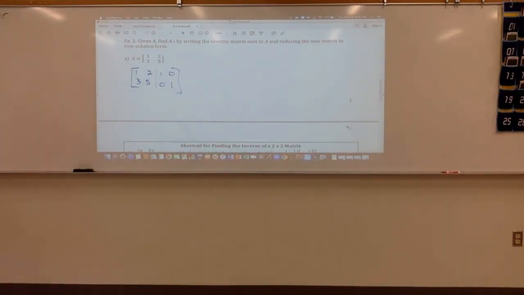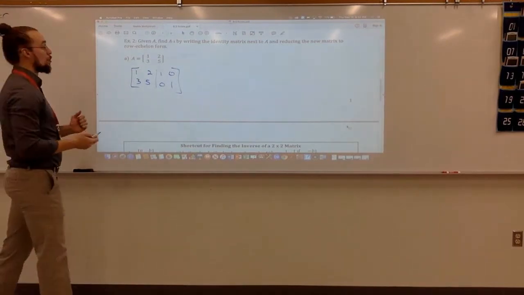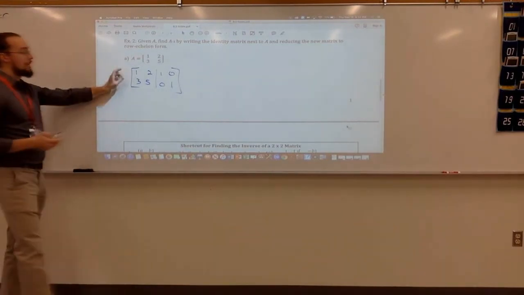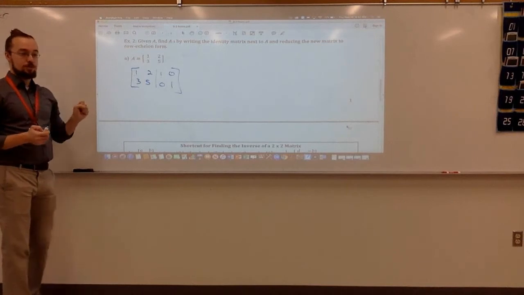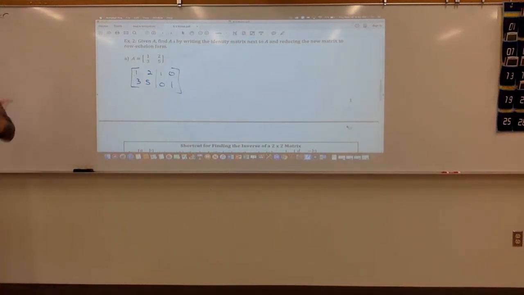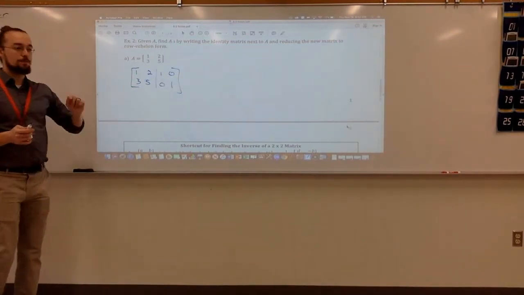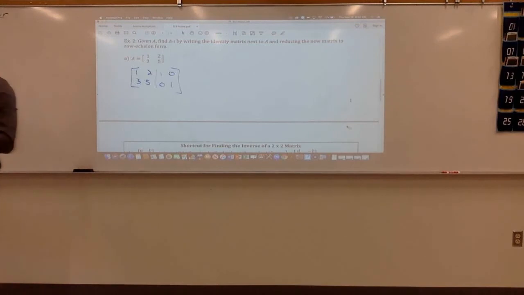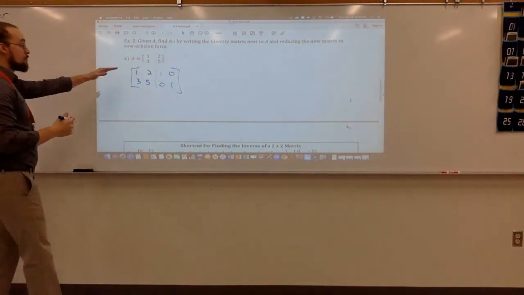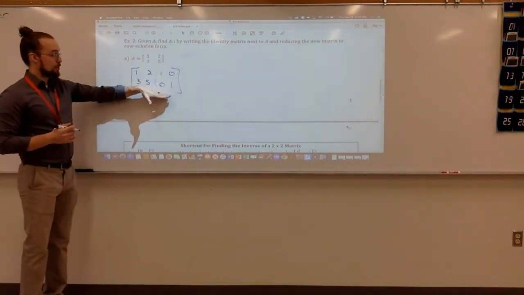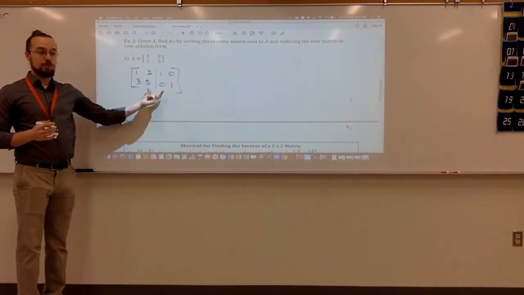Now what I want to do is reduce this matrix to row echelon form, which is the identity matrix, 1, 0, 0, 1, using our row operations. As I'm doing that, I'm going to use those same operations over here.